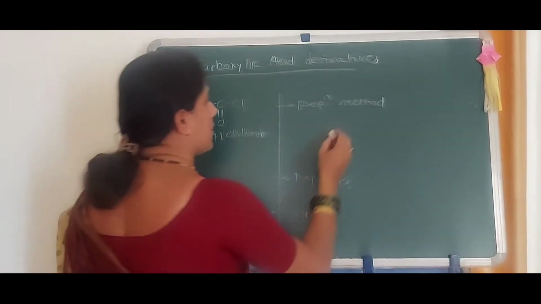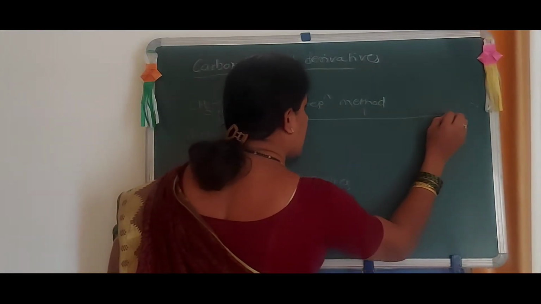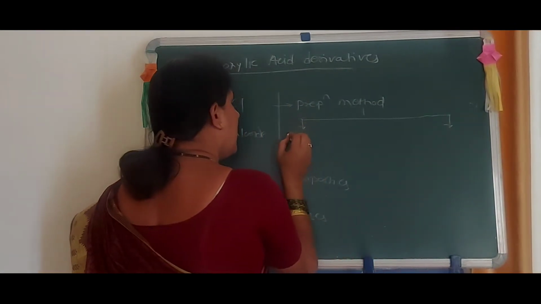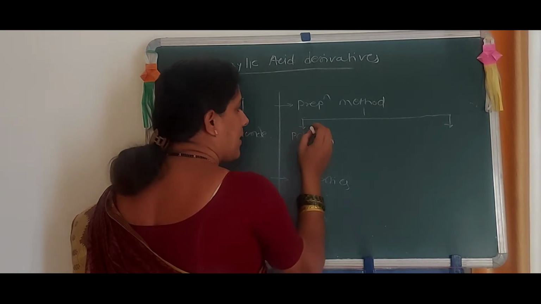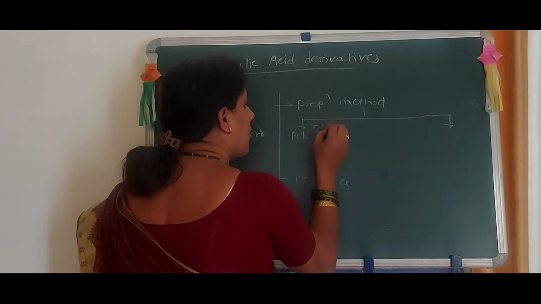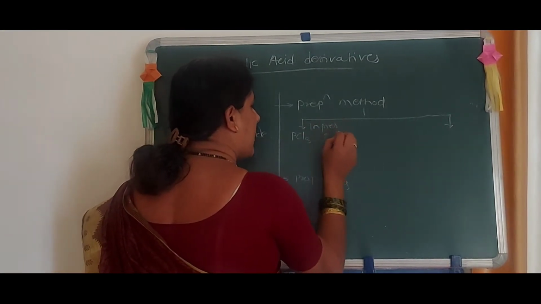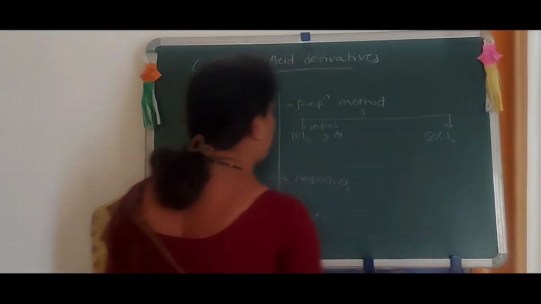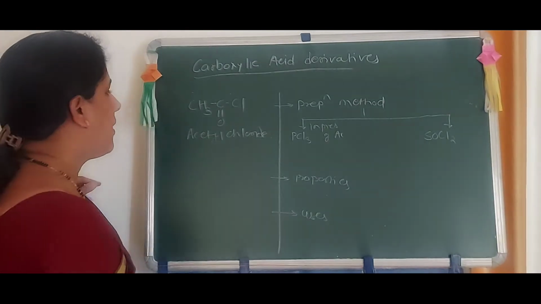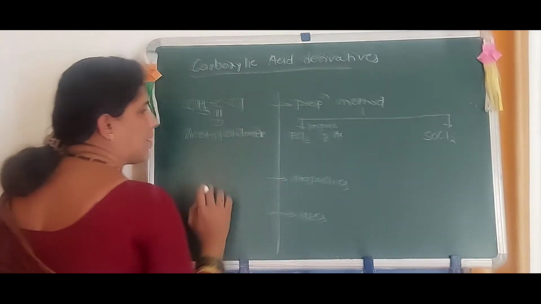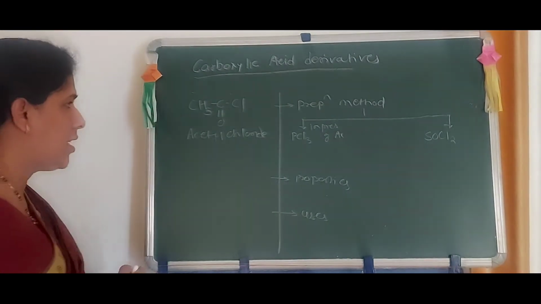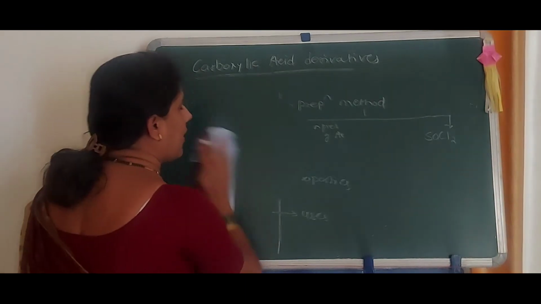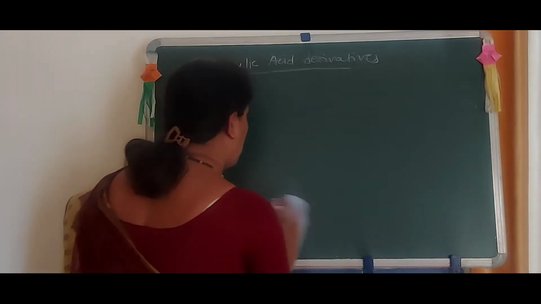First is by using PCl3 in presence of glacial acetic acid, and second is by using SOCl2, thionyl chloride. We are going to discuss these two methods in detail.